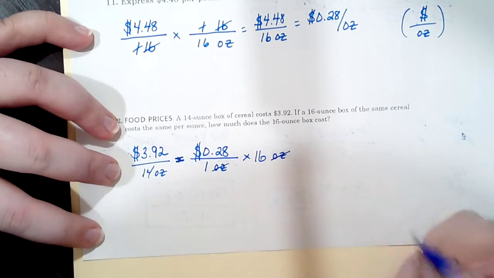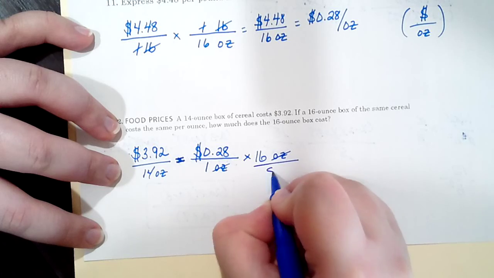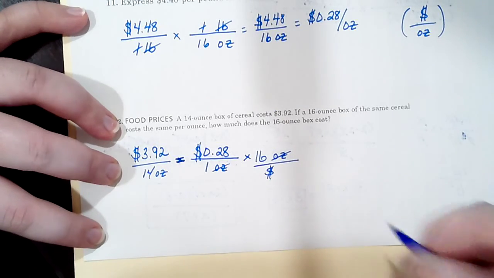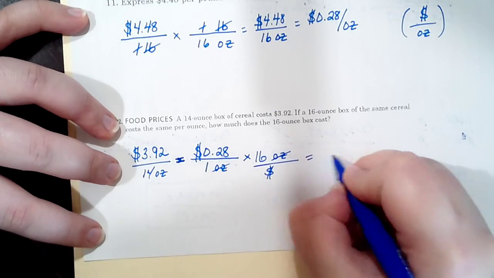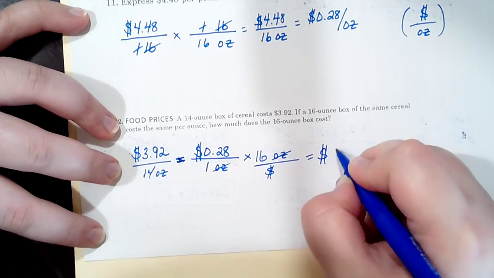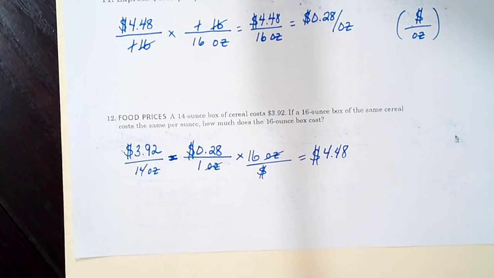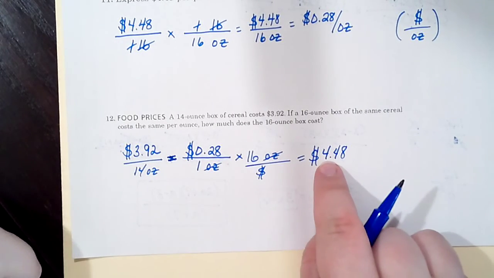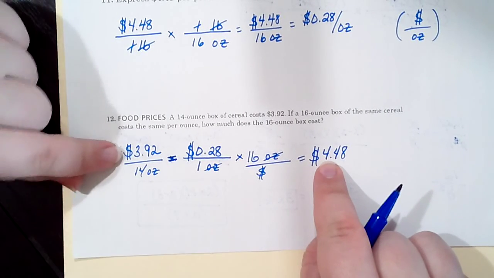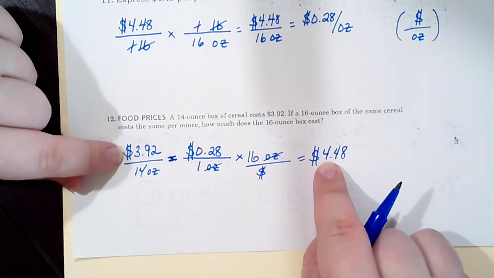My ounces are going to cancel off, and I'm going to be left with the price, which in this case, when I do the math, is $4.48, which if I go back and check my actual work, it would make sense that the larger box would be slightly more than the smaller box.